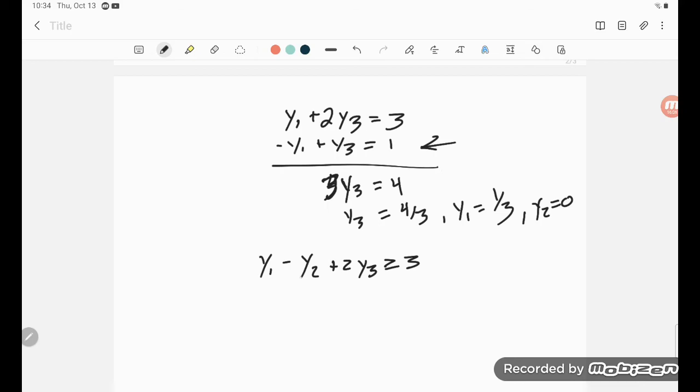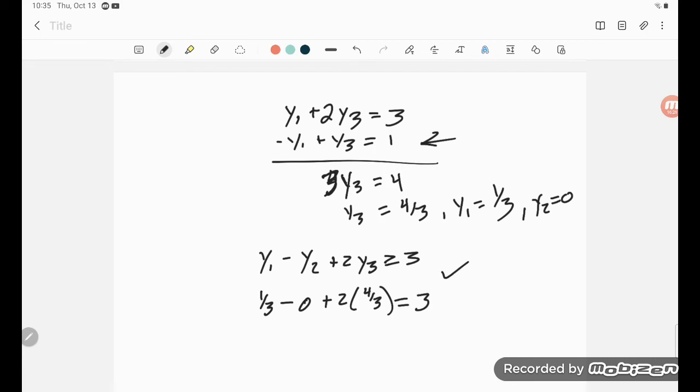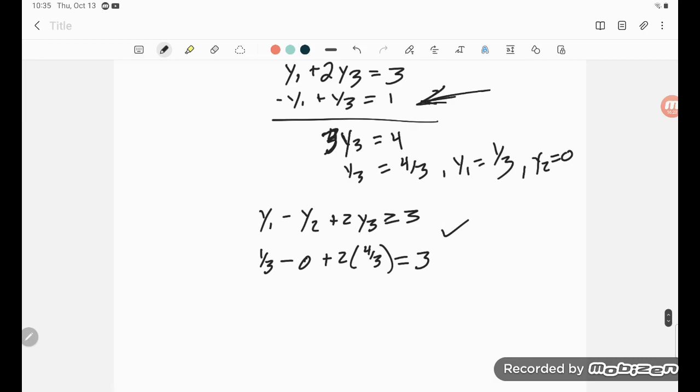But okay, well, we already subbed those in, and we got 1/3 minus 0 plus 2 times 4/3 is actually equal to 3. Right? So check. All right. And we're going to find the other one works as well, because, well, we had it up here, and those were the only two constraints.